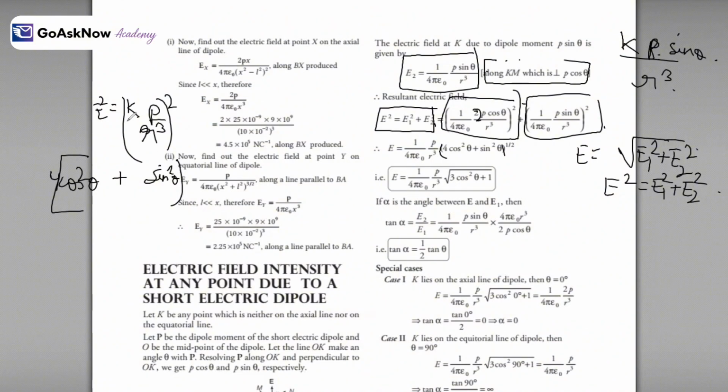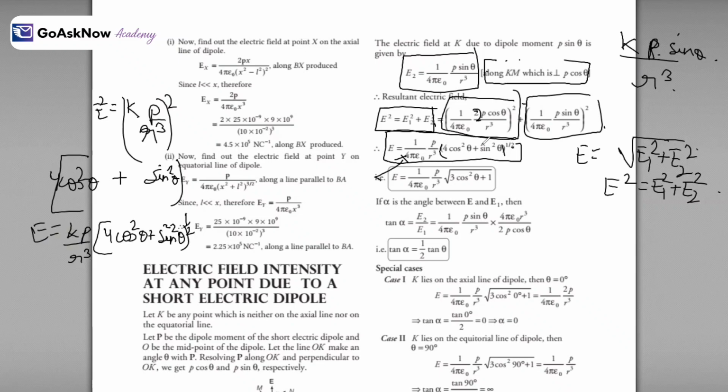If you take the square root on both sides, it will come like kp by r cube into 4 cos square theta plus sin square theta to the power 1 by 2. That is written here also. I have told you how it has come after simplifying. So E will be equal to 1 by 4 pi epsilon naught p by r cube into root of 3 cos square theta plus 1.